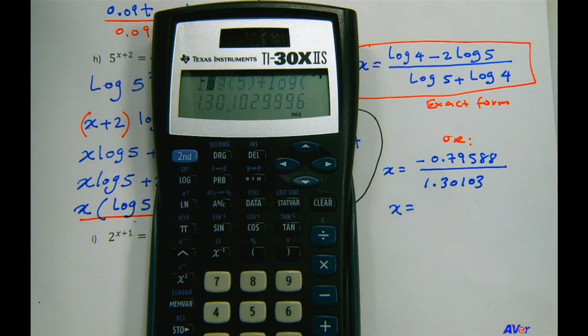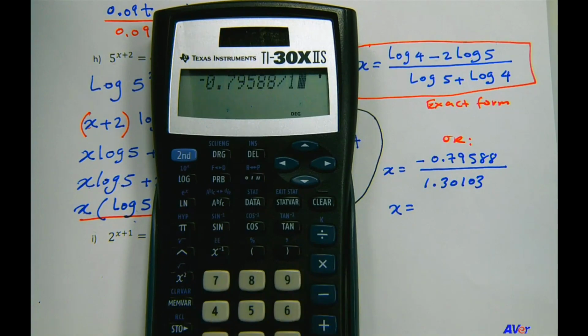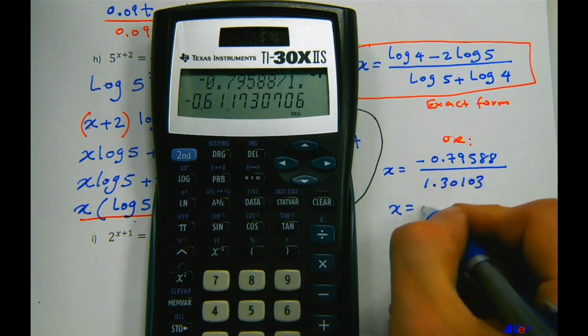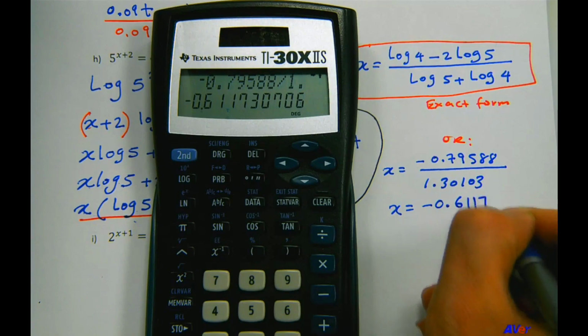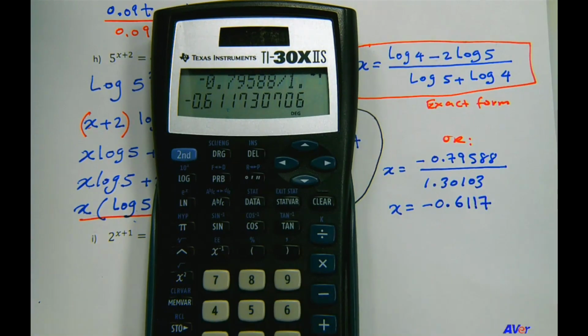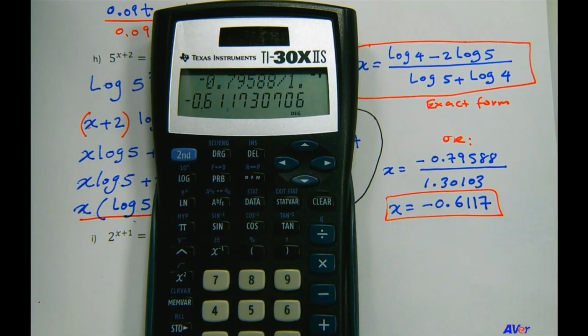So minus 0.79588 divided by 1.30103. And we get minus 0.6117. And that's just approximating the answer to 4 decimal places.